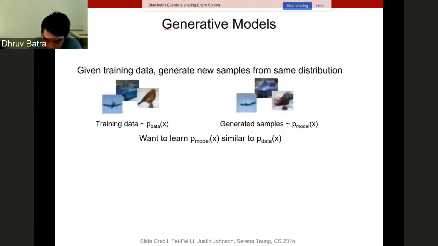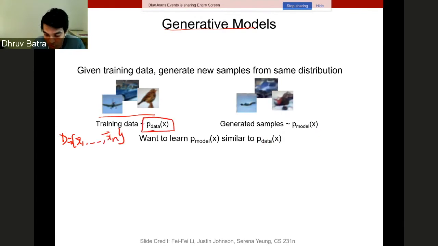So generative models are a fundamental class of models that are used to tackle density estimation problems. Generative models have this high-level goal. I haven't given you an objective function yet on the slide, which is I come to you with some data. This is my data set D of x1 to xn. This is data from some data generating distribution, P of data.